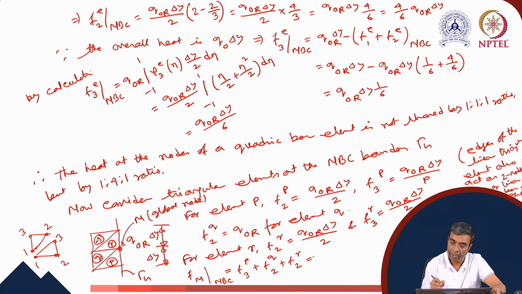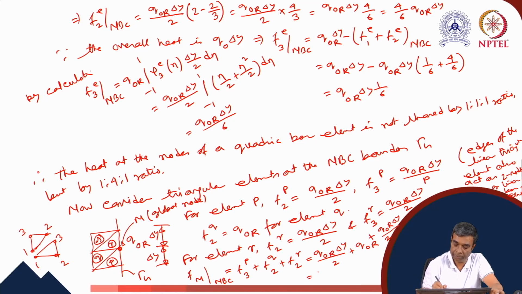Now F3P equals Q0R into delta Y by 2, F2Q equals Q0R, and F2R is Q0R delta Y divided by 2.